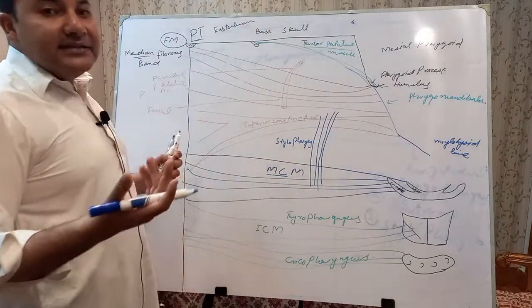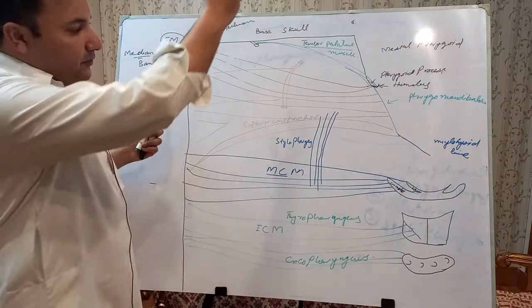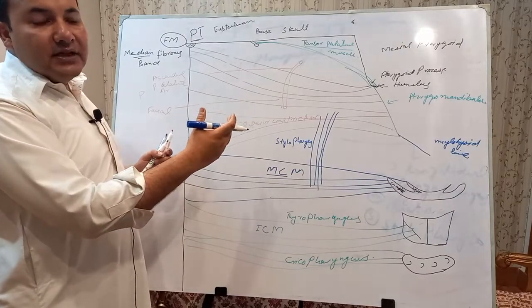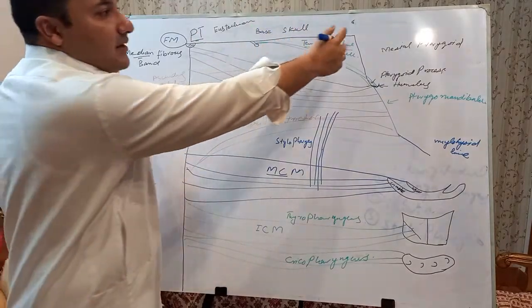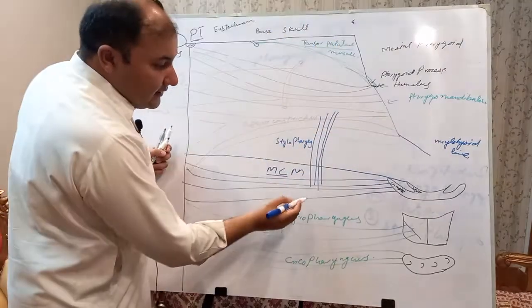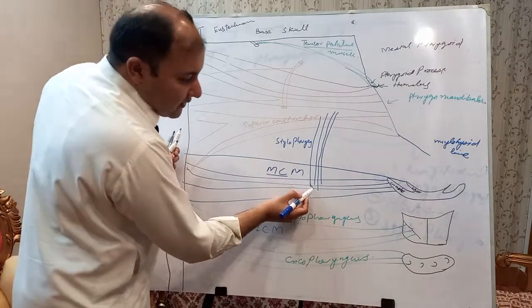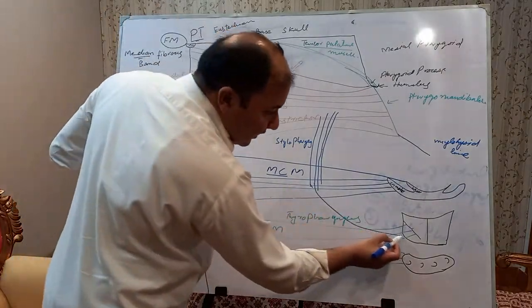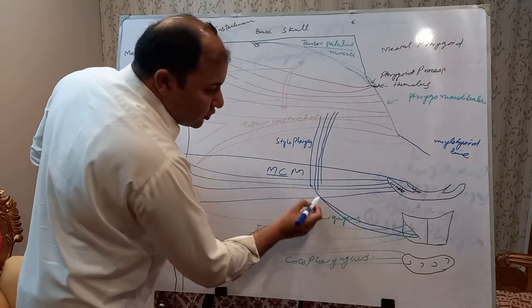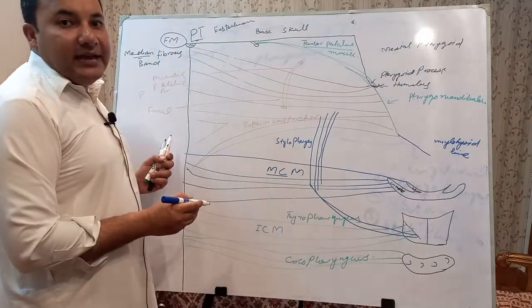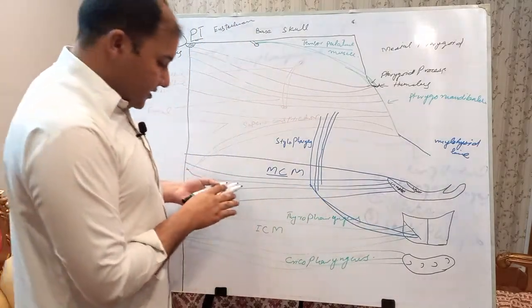Stylo, as the name indicates, comes from the styloid process, which is present on the base of the skull, and these muscle fibers go to the oblique line of the thyroid cartilage.